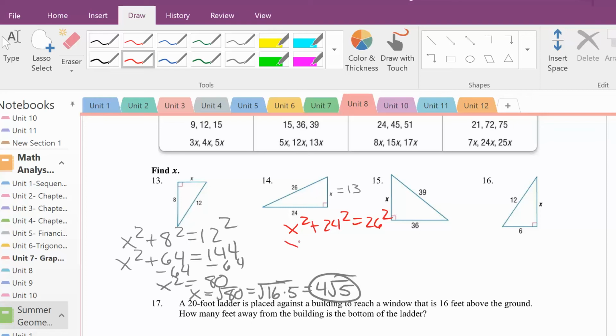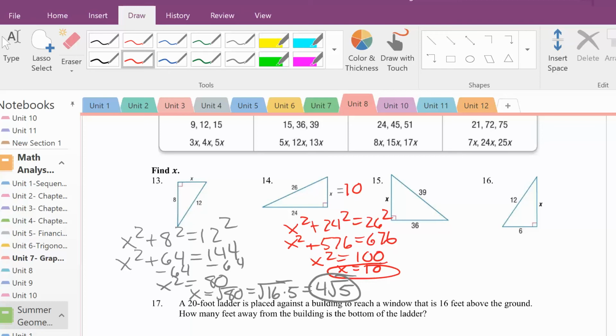And then x squared plus 576 equals 676. So when you subtract, x squared equals 100. I should have said 10, not 13. So x equals the square root of 100, which is 10.